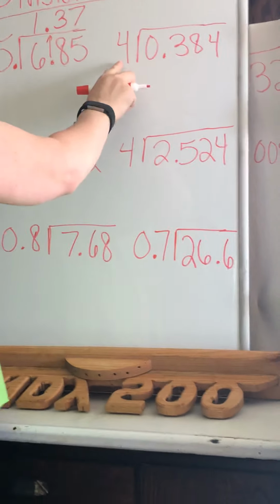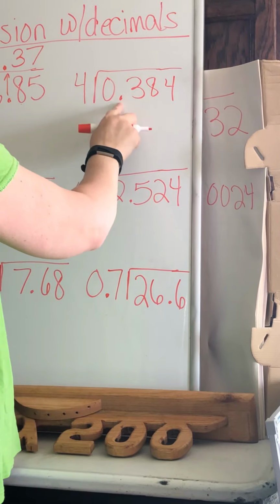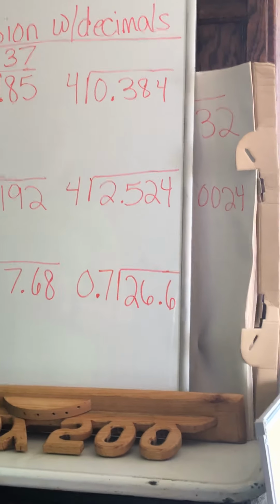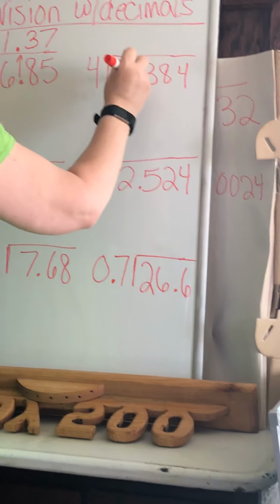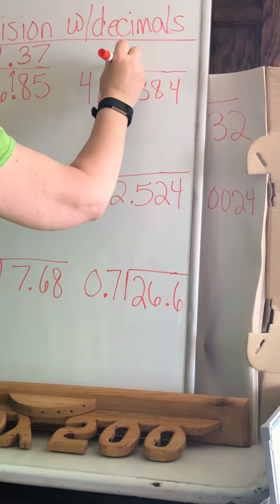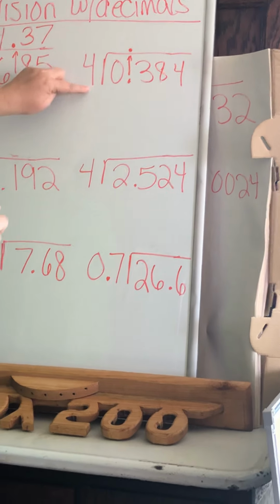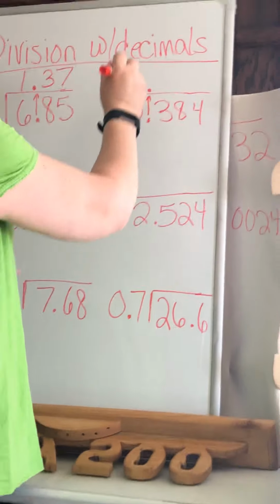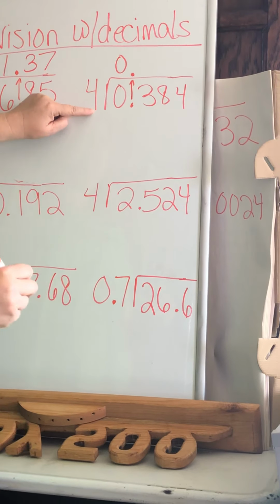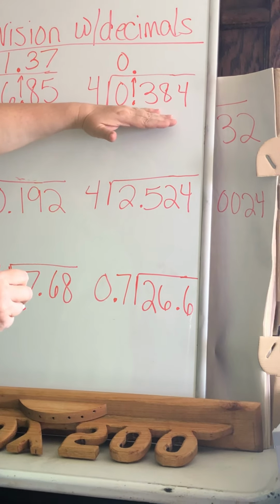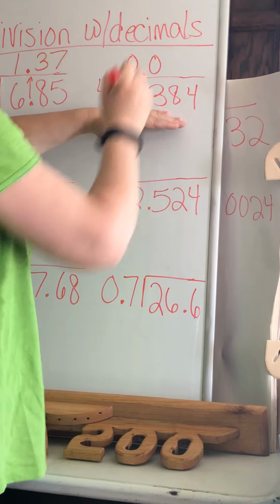Okay, how about this one right here? 4 divided into 0.384. First off, let's take this decimal. Let's bring it straight up and place it. Well, 4 can't go into 0, so we're going to put a 0 right here. 4 cannot go into 3, so we're going to put a 0 right there.